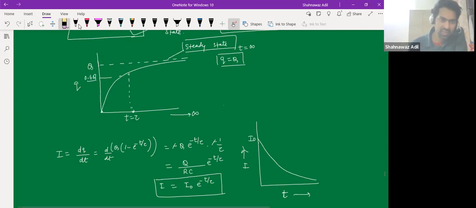Initially, the charge is 0, then it is charging, and at infinite time, at t equal to infinity, this becomes Q. That state is called a steady state. At steady state, Q has become Q max, and current would become.